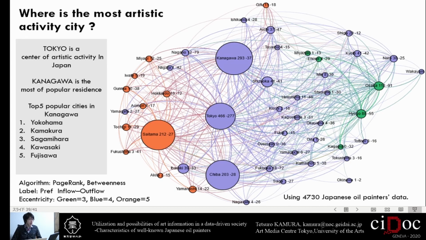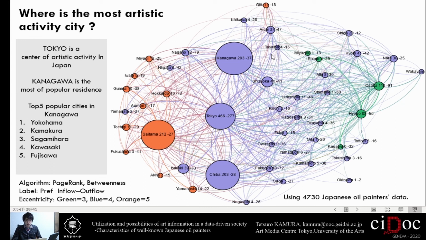And one more slide. Where is the city with the most artistic activity in Japan? This figure shows the oil painters' population inflow and outflow by prefecture. Tokyo is the center of artistic activity in Japan.